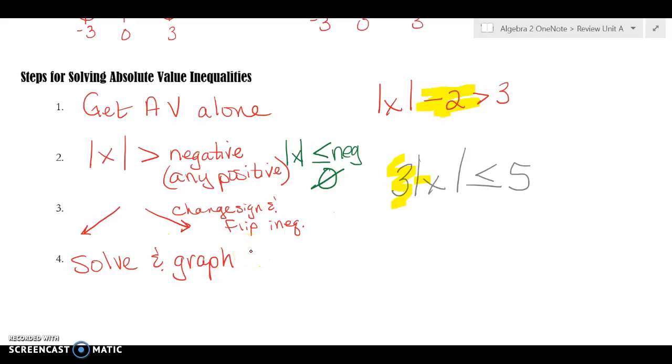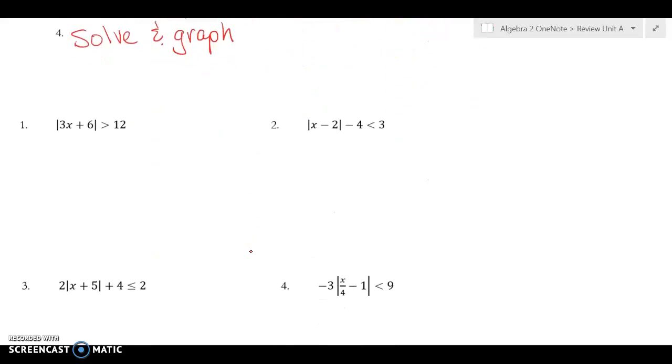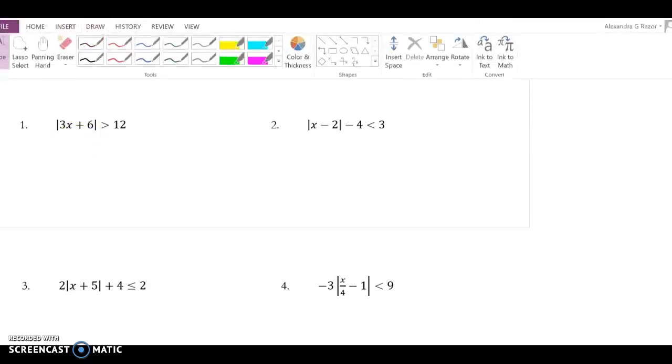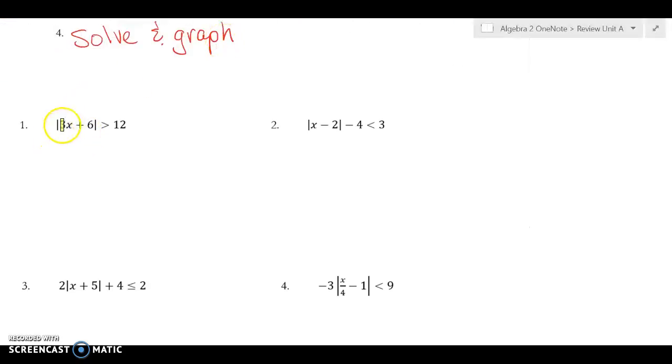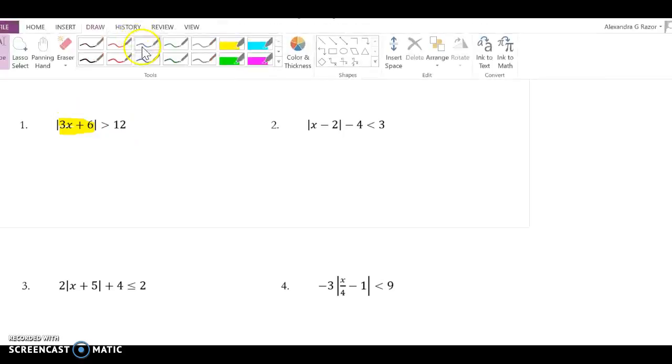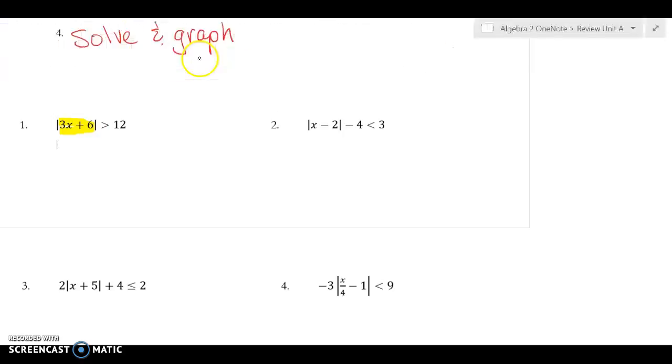All right, so what we're going to do is try some problems. My recommendation is pause and copy it down and try it on your own first, and then come back and see. If you notice, my absolute value here is alone, so I can see it equals a positive. So I'm good. Now I'm going to break it down.